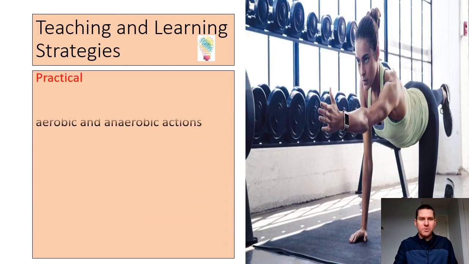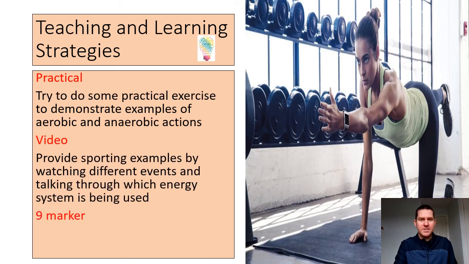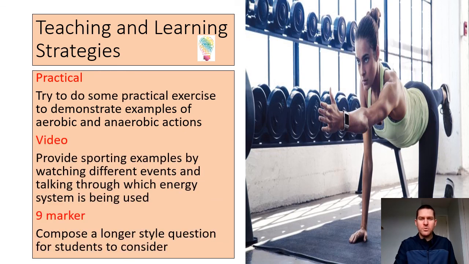Okay, so finally for the practitioners in terms of this lesson and topic, a few ideas for you. If you've got an opportunity to do some practical elements, then try and go outside and get your students to do some aerobic and anaerobic sporting actions so that they can put it into context, actually perform some of those, and start to think about why something's aerobic or anaerobic.